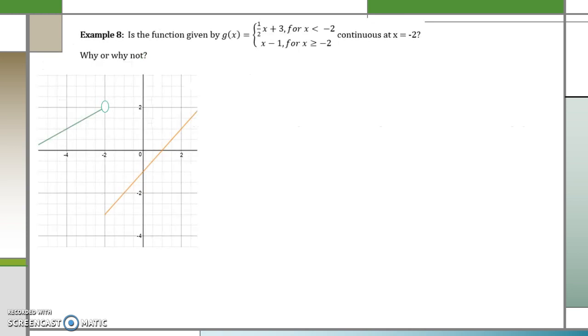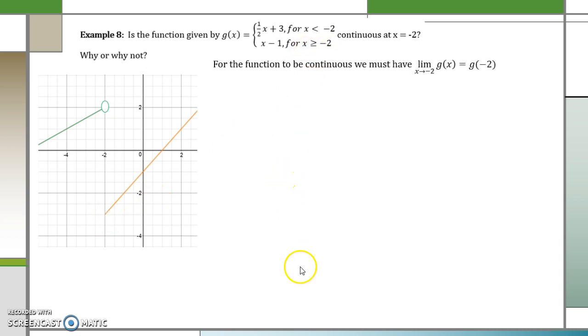Let's look at the following function. We want to know if it's continuous at x equals negative 2. Notice that on the left-hand side, we do not include negative 2 here because of the piecewise function, and down below this piece is included because of this part down here.